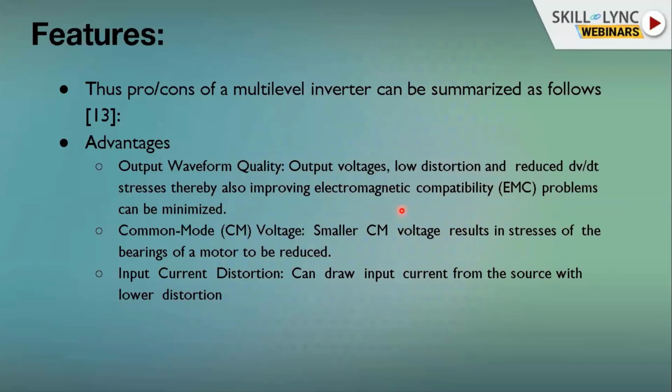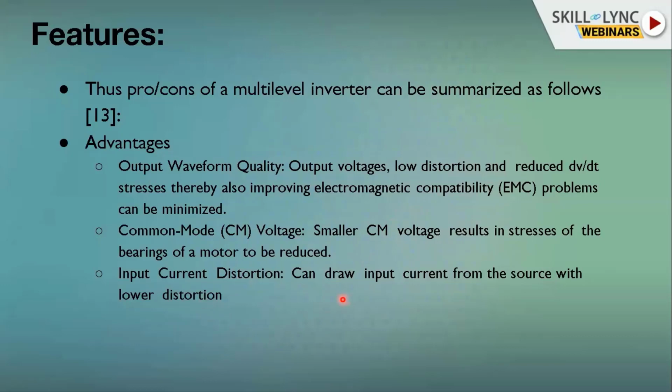So anything which flows through that and causes a voltage is called a common mode voltage, because it traverses the common path. The other type is differential, where it traverses on the positive and returns back through the negative, and vice versa.